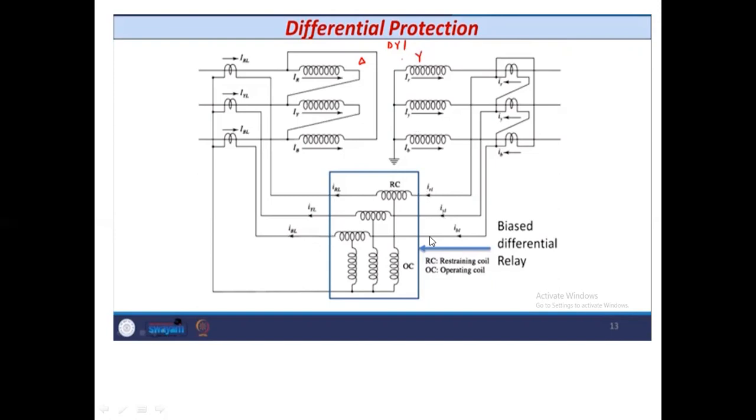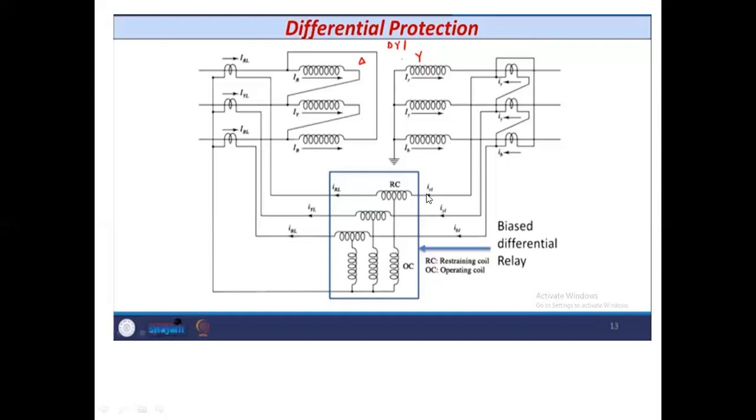These currents should be the same, and on the other side these should also be the same. These three currents are equal in magnitude as well as in phase, because this is a biased differential relay which has 3 operating coils and 3 restraining coils, one for each phase.